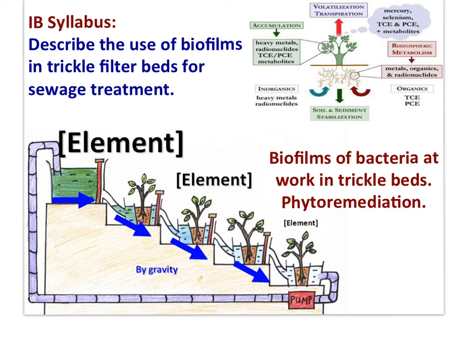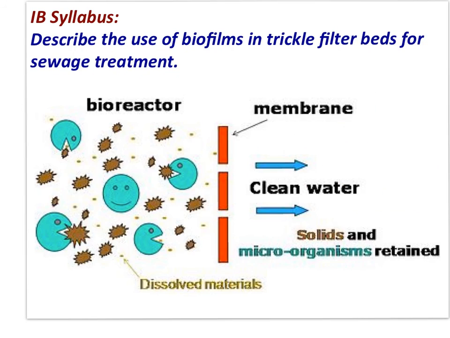Bioremediation would include the use of bacteria or plants to clean polluted water. Using plants to treat polluted water is known as phytoremediation. As the polluted water moves through the bioreactor, the trickle bed, the bacteria metabolize the pollutants, rendering the water clean.